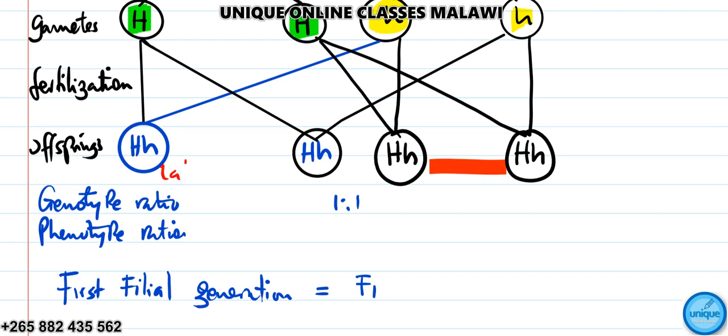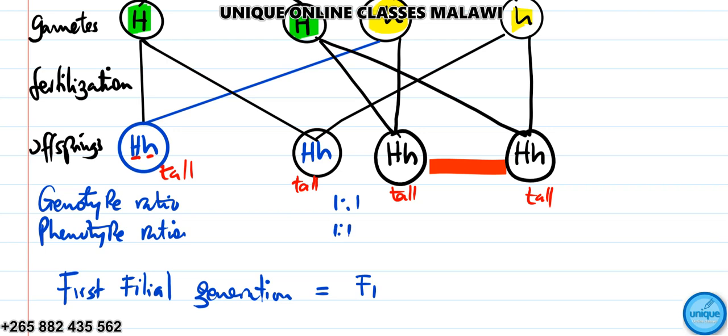This one will be tall. Like I said, that was dominant over this guy. The same applies here. It's tall, and this one as well will be tall, and this final guy here also be tall. And in terms of phenotype, it counts 1:1. All into fanana.